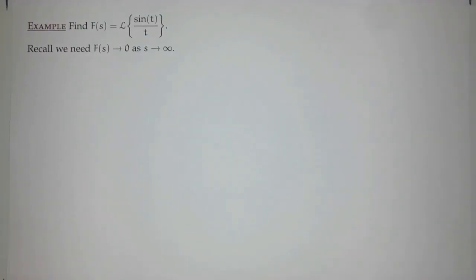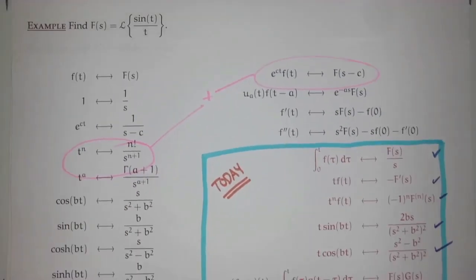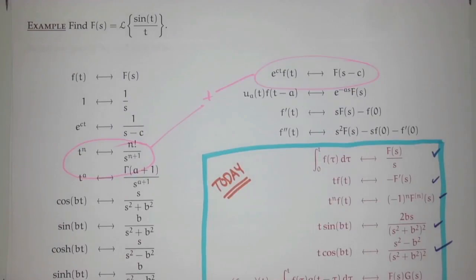Find the Laplace transform of sine of t over t. This one's going to be great. If you think back to the table, what does this remind you of? What can we connect to? Which one are you thinking about?